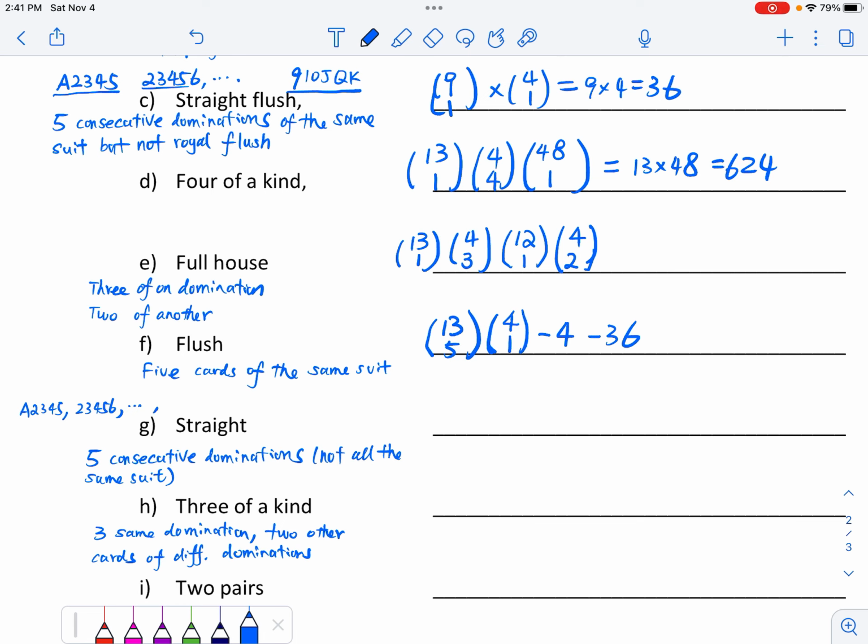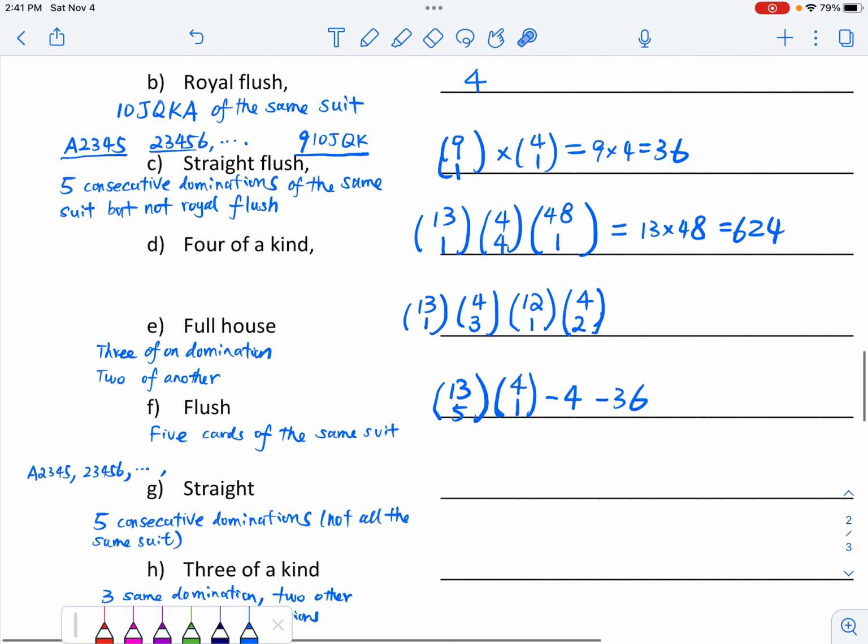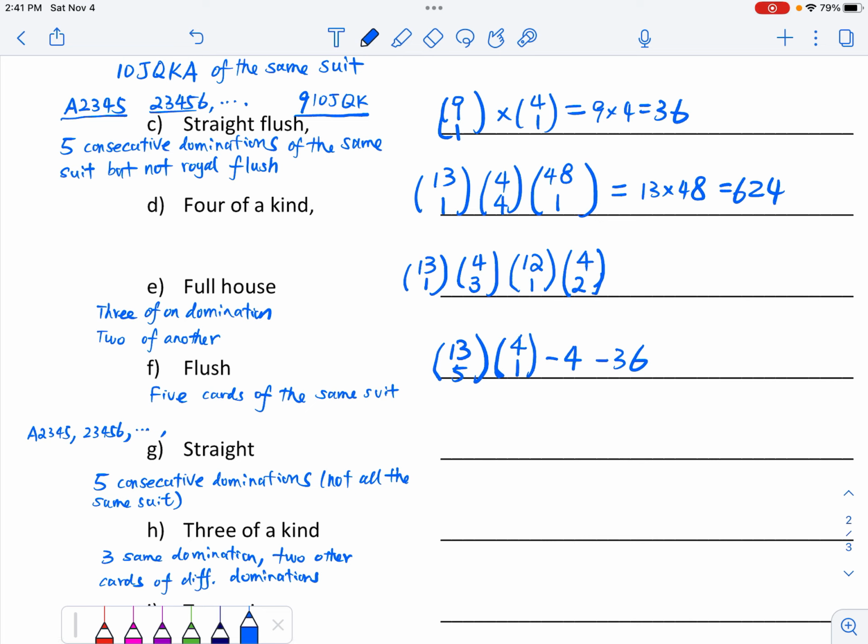And the very last one, because we want to exclude the royal flush, you can say the last one will be 9, 10, Jack, Queen, King, and you stop here because the next one will be the royal flush.